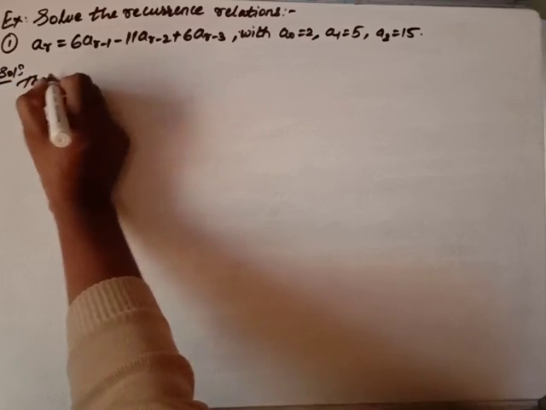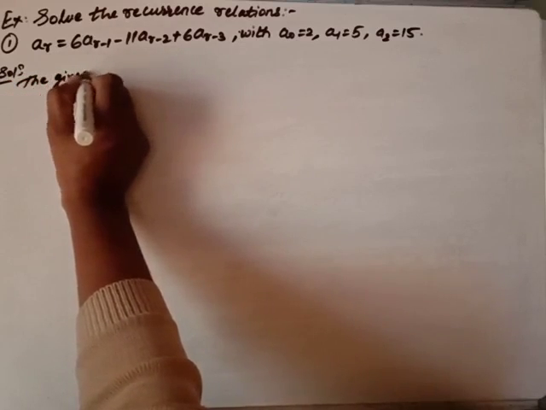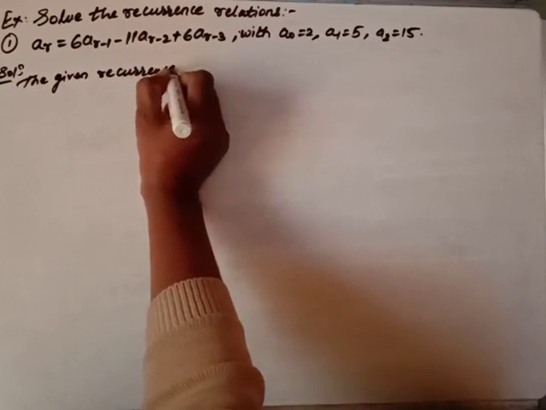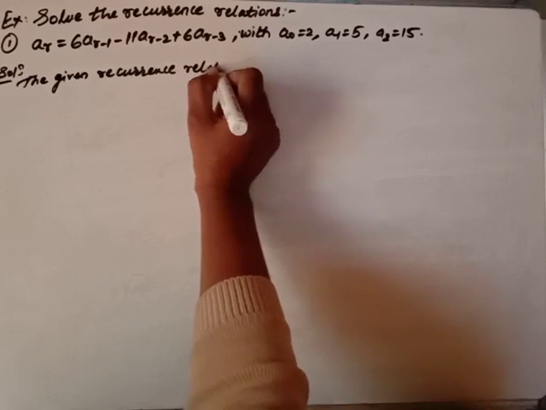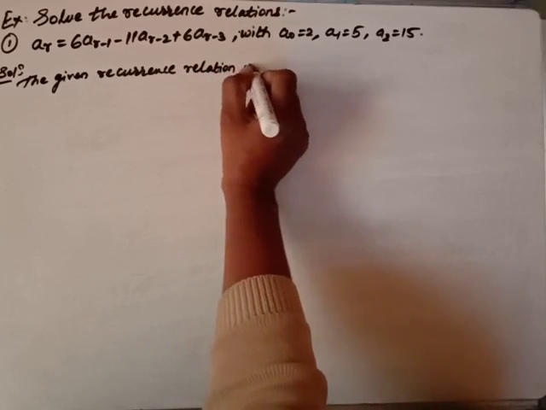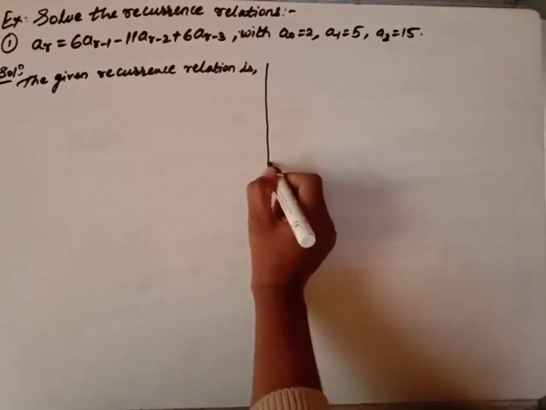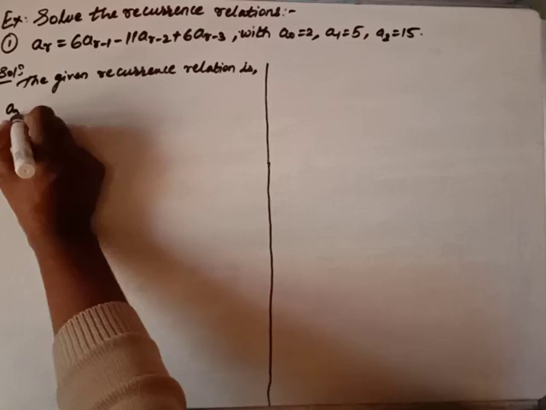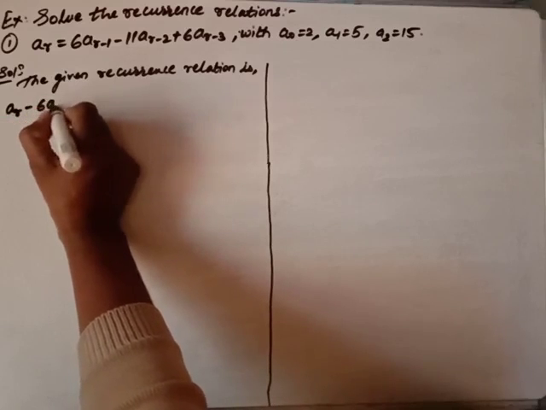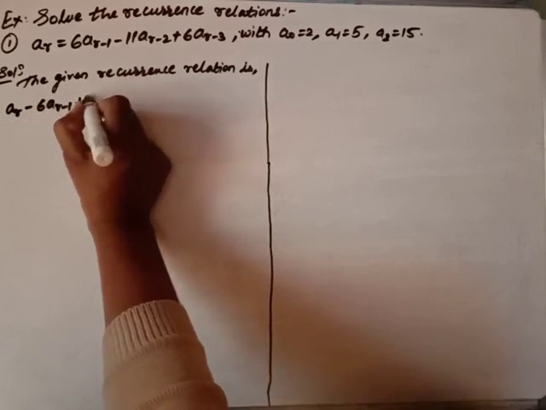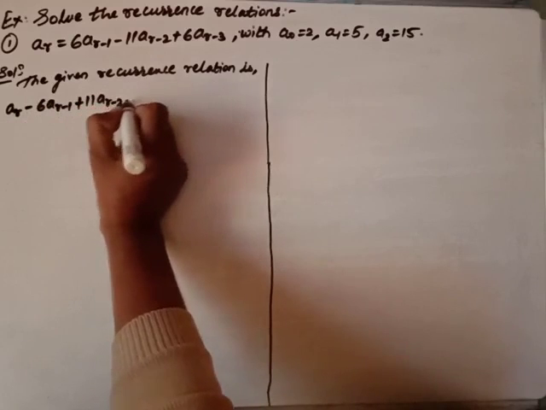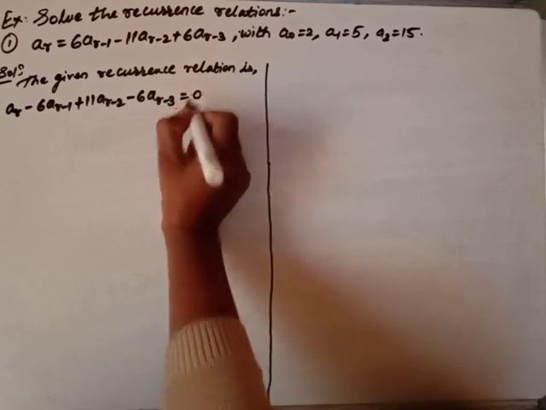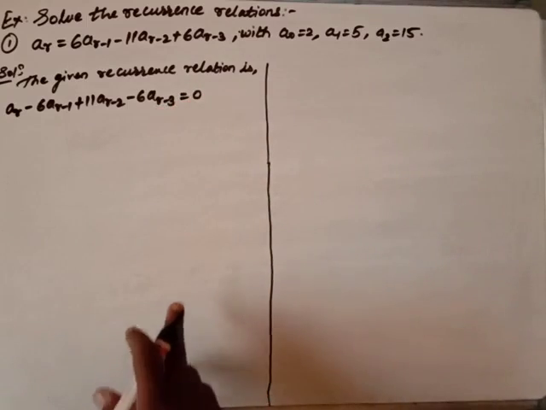The given recurrence relation can be written as a_r minus 6 a_{r-1} plus 11 a_{r-2} minus 6 a_{r-3} equal to 0. So it is a homogeneous recurrence relation.